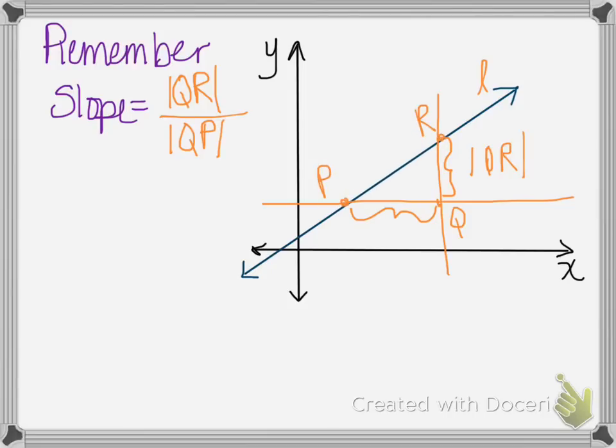So remember, if we used different points to find the slope and had a different slope triangle, we'd be able to show that all those triangles would be similar by the angle-angle postulate. And so this ratio is the same for any 2 points on line L.